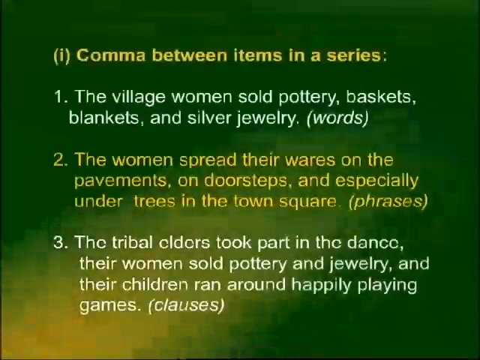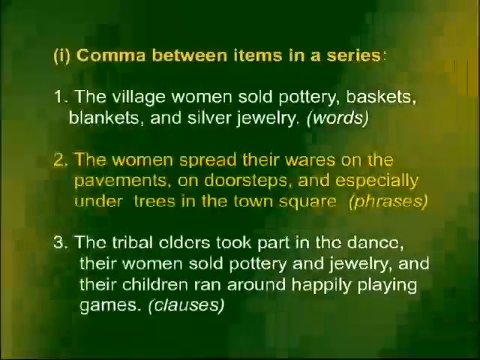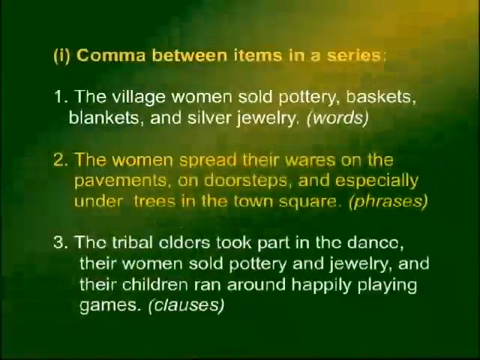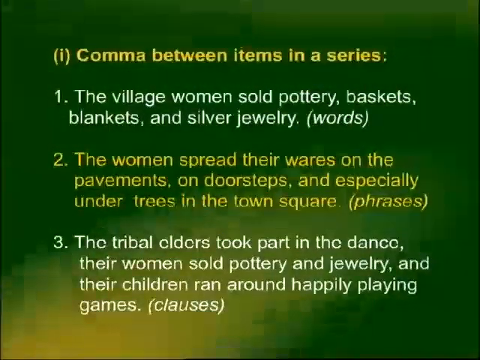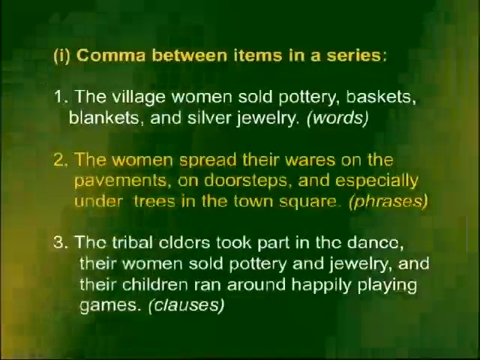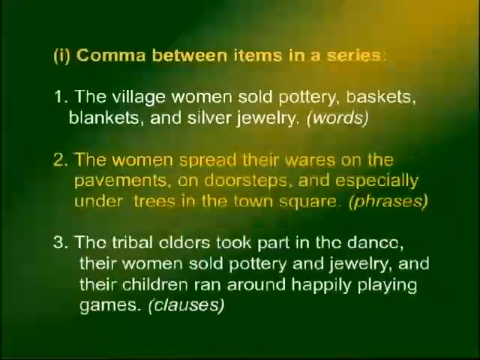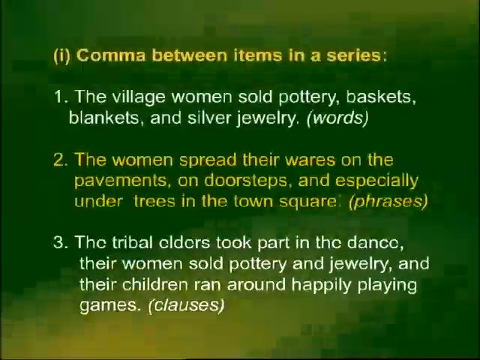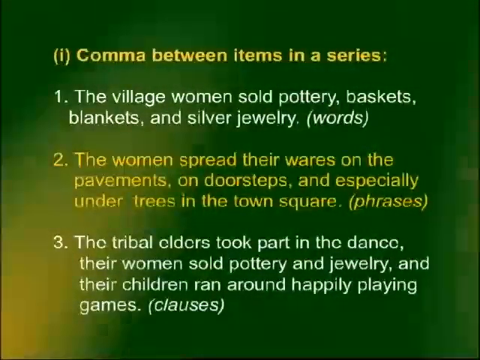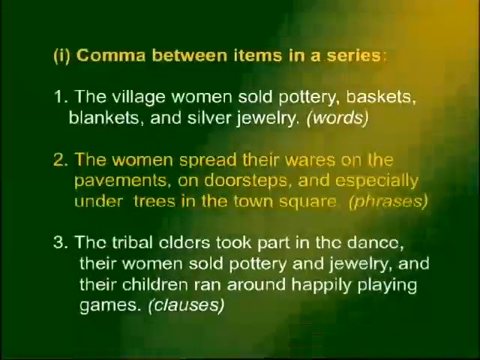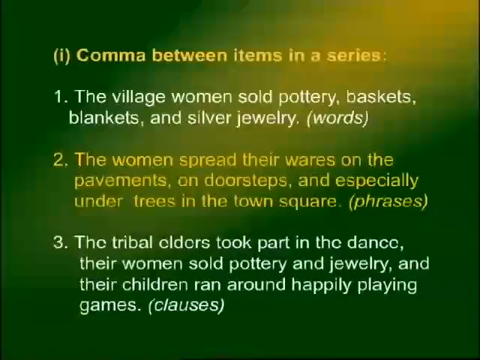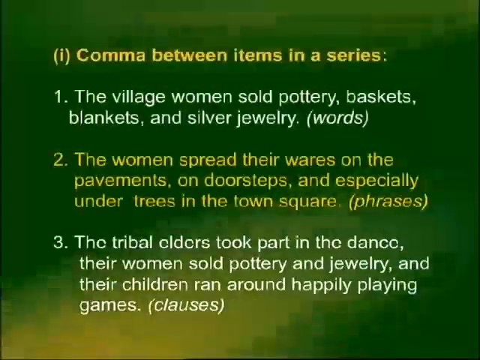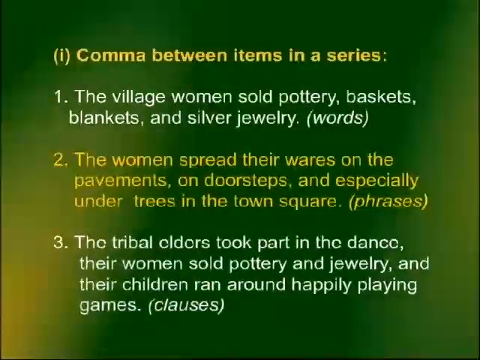And the comma will come after the word pavements, and after doorsteps. So 2 commas in that. The third example. The tribal elders took part in the dance, their women sold pottery and jewelry, and their children ran around happily playing games.